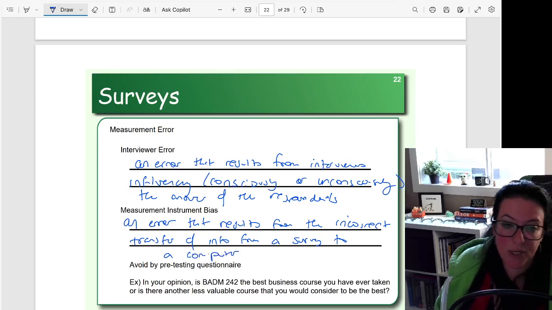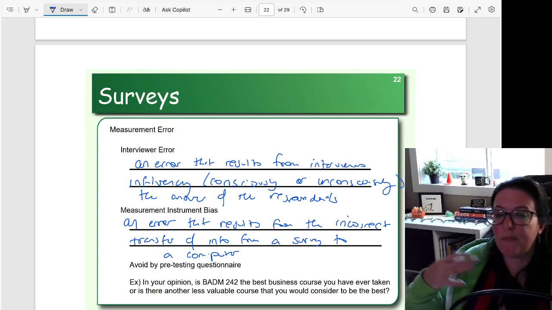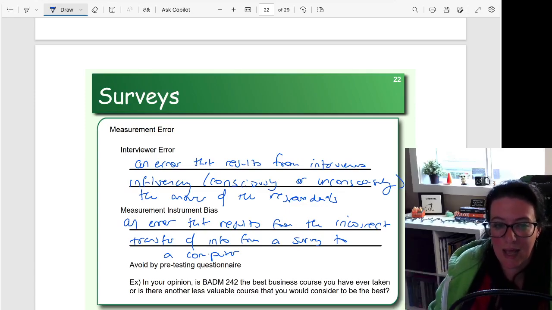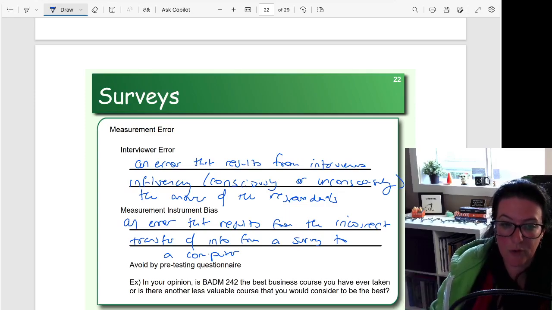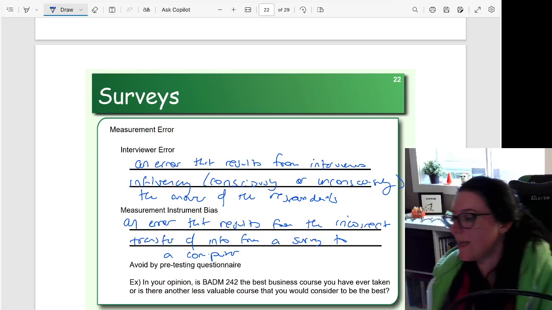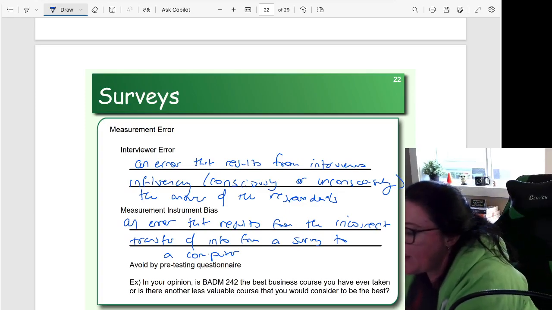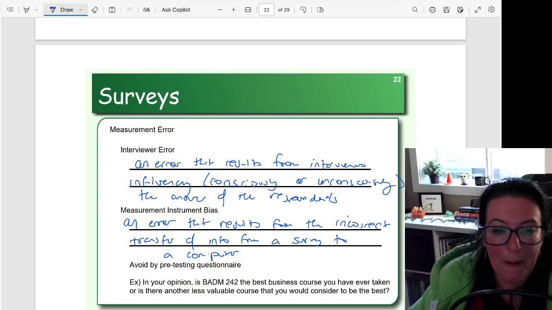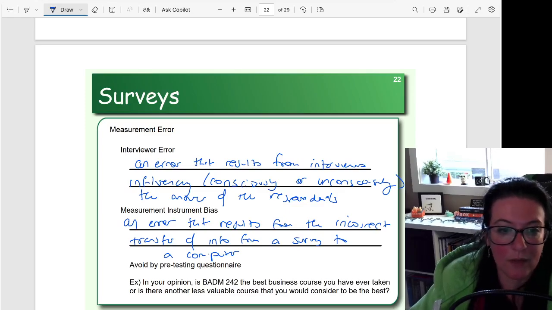So transcription error here. Essentially, if we are taking surveys that people filled out by hand and we are then coding them, if we code them incorrectly, if we are writing down incorrectly the responses, then we have measurement instrument bias.